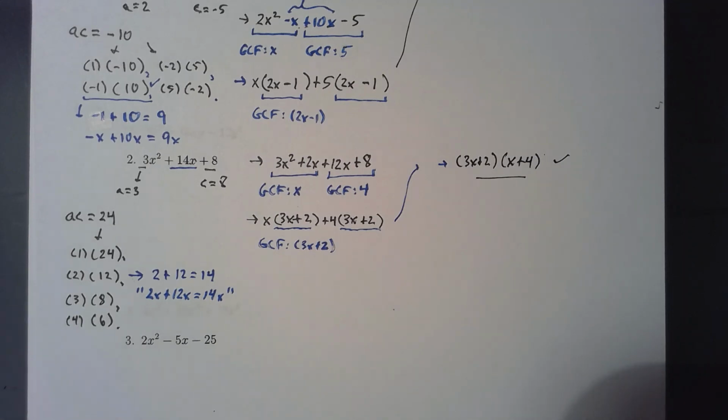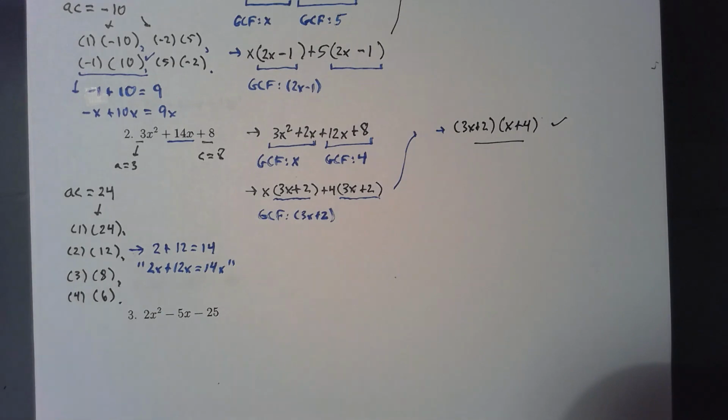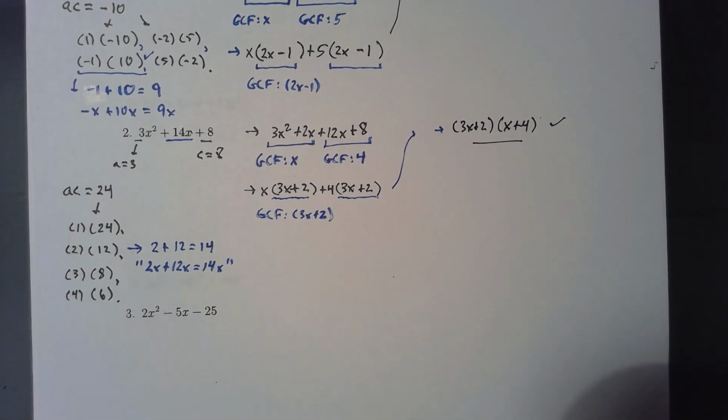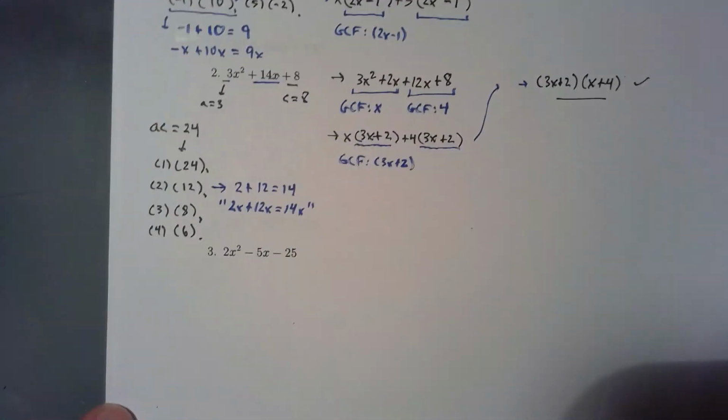So, yeah, it doesn't matter which way you do it, just as long as you're consistent. I personally prefer the trial and error way, but that's just me. Some people prefer it this way.